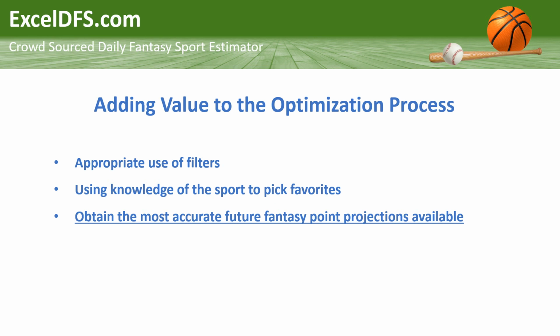We've also talked about using your own knowledge of the sport to pick your favourites. Everything from this point onwards will be about obtaining the most accurate fantasy point projections available for future games.